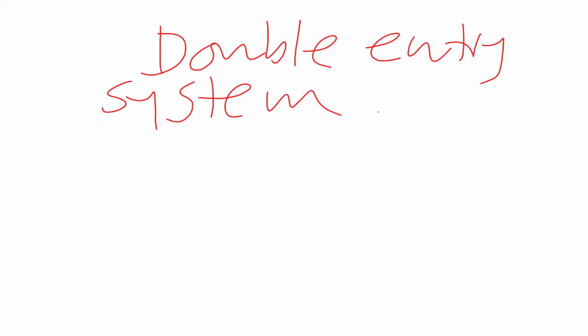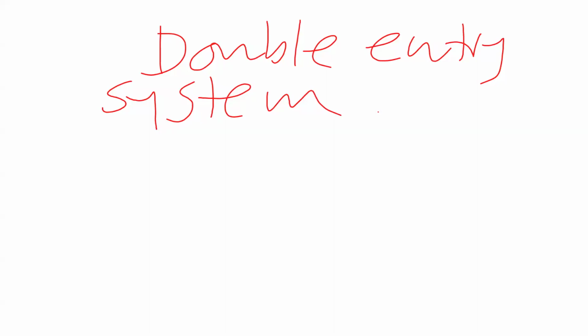And the rule says, this is what the rule says. The double entry rule: every transaction has got two sides. Okay. Every transaction has got what? Two sides involved.